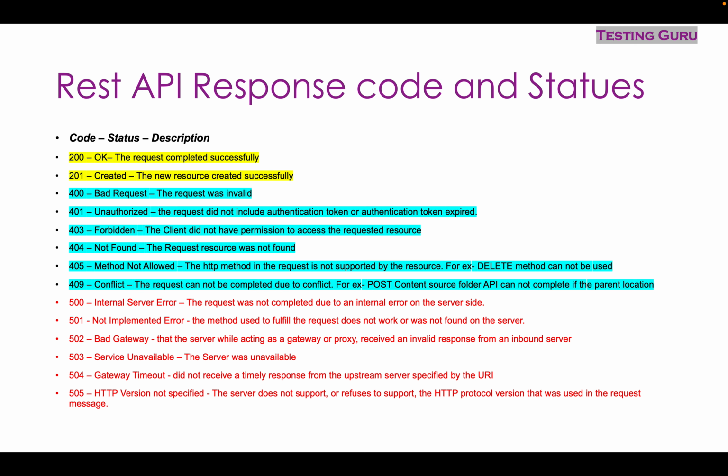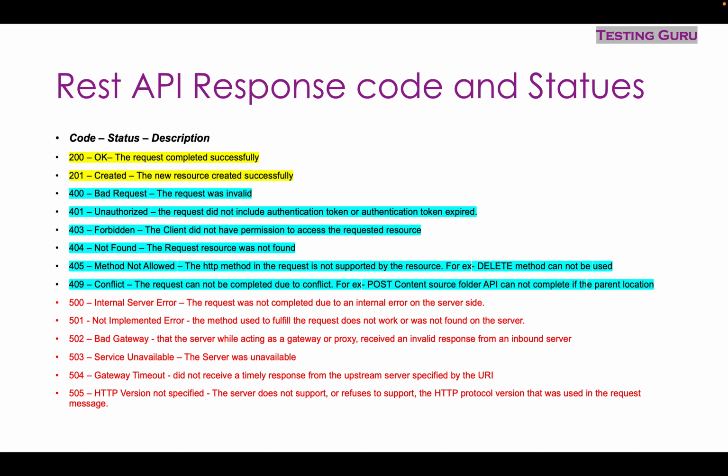And whenever we create a POST request or a PUT request, usually a POST request creates a record in the server. That's why it says 201 Created, the new resource was created successfully. So these two are basically the success status codes. That's why I've highlighted them in yellow.